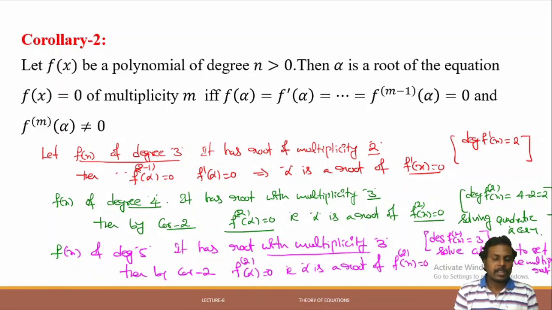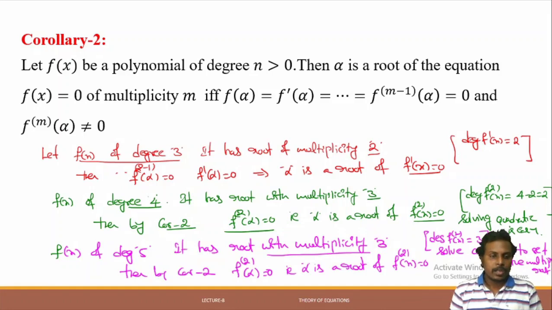Okay, and this corollary also gives us a way of mathematical representation. Suppose you want to represent mathematically the concept of multiple root, this is how one can represent it. You want to say that alpha is a root of the equation f of x is equal to 0 with multiplicity m. You can represent it this way: f of alpha, f dash alpha, and so on up to the (m minus 1)th derivative of f at alpha is equal to 0, and the mth derivative of f at alpha is not equal to 0.